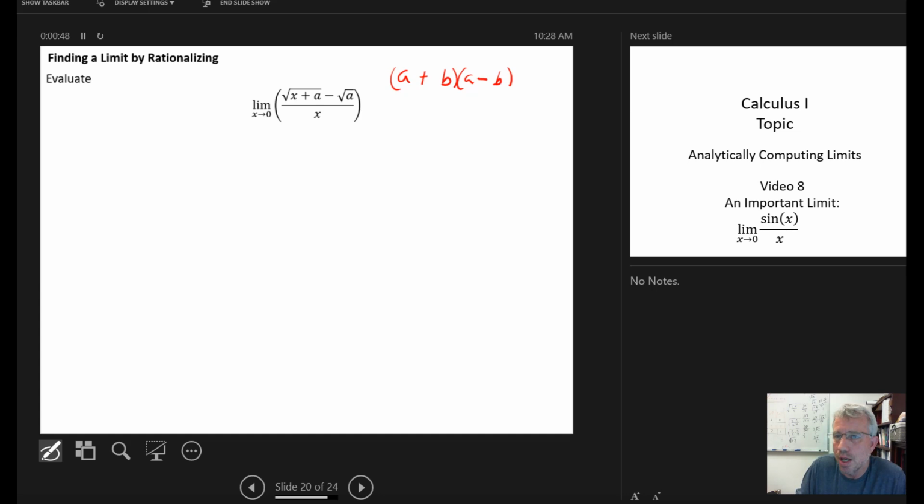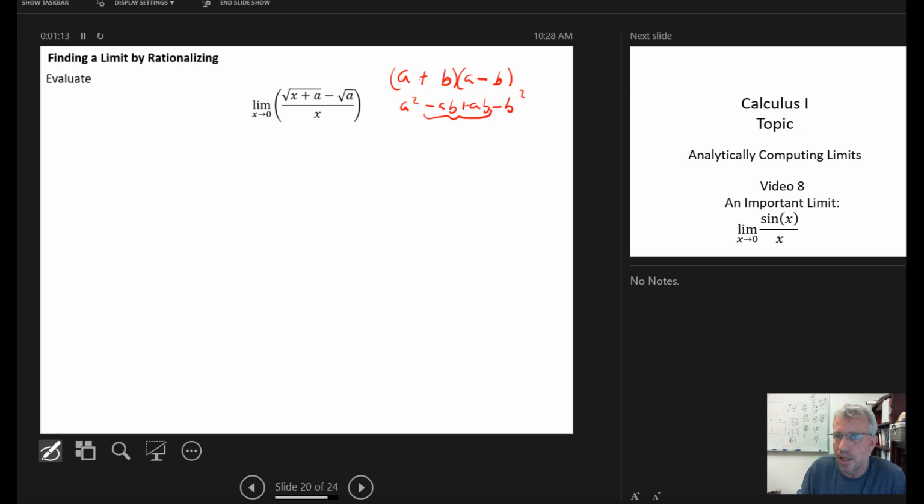And the idea is when we multiply these two terms, we're going to get a times a is a squared, a times minus b is minus ab, plus b times a is going to be plus ab, and then we get minus b times b, which is minus b squared. And the key is that the middle terms cancel.